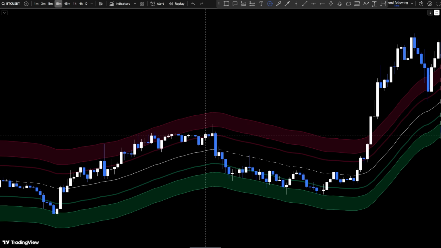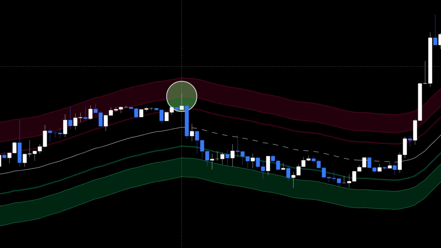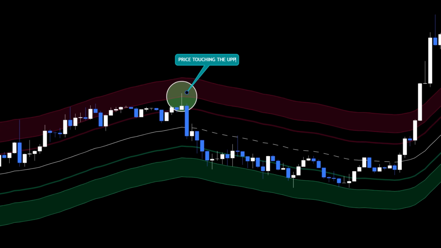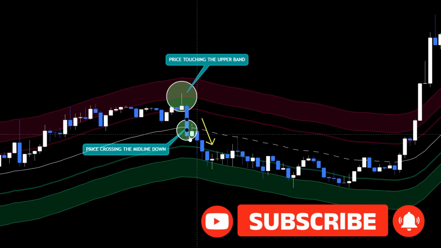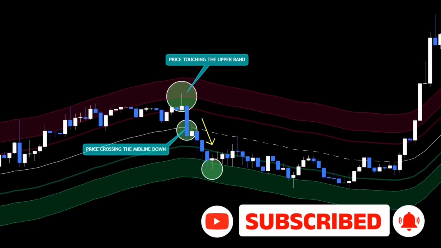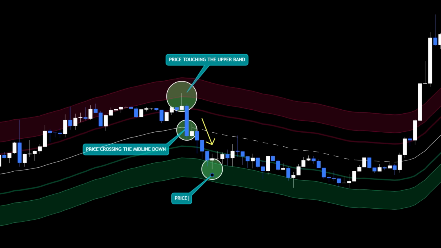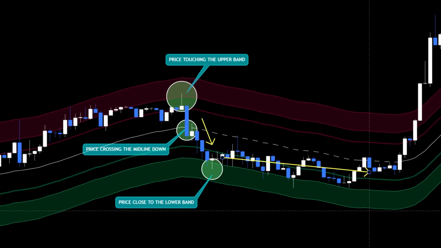First, the price needs to hit the upper band. Then it crosses the midline down and gets close to or even touches the lower band. After that, the price needs to cross the middle line up. That's our initial buy signal.